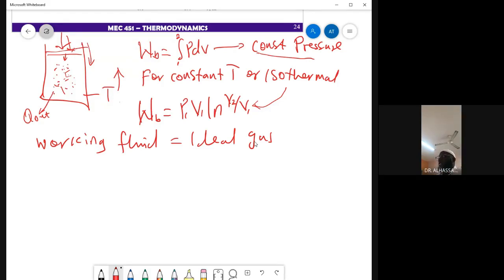So we know the value for P1, we know the V1, but we don't know V2. How do we determine V2? Using the ideal gas equation.